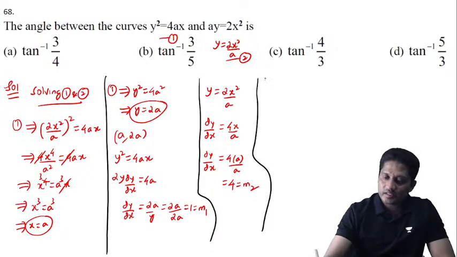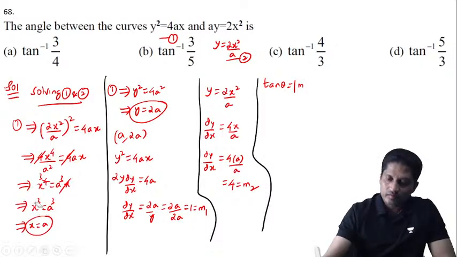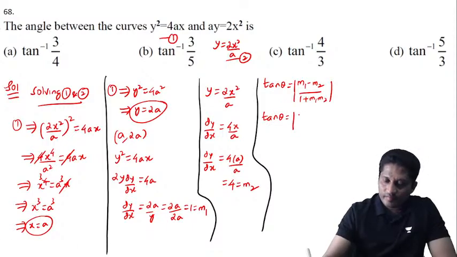Angle of intersection is tan theta is equal to modulus of m1 minus m2 by 1 plus m1 into m2. Now tan theta is equal to modulus of m1 is 1 minus 4 divided by 1 plus 1 into 4.